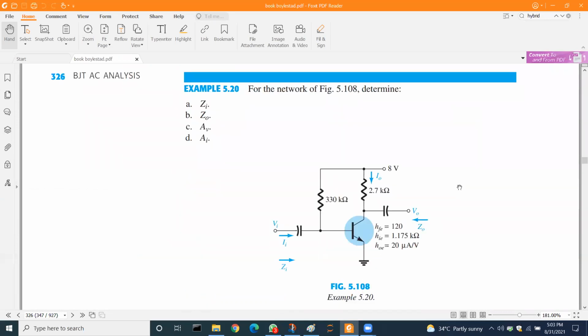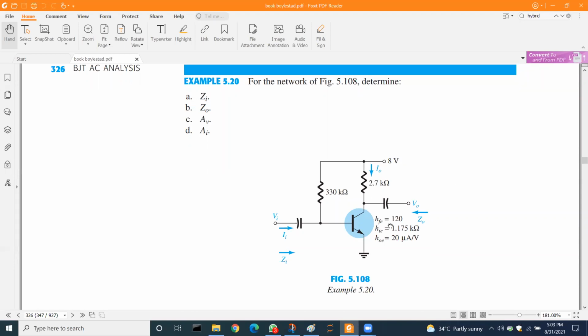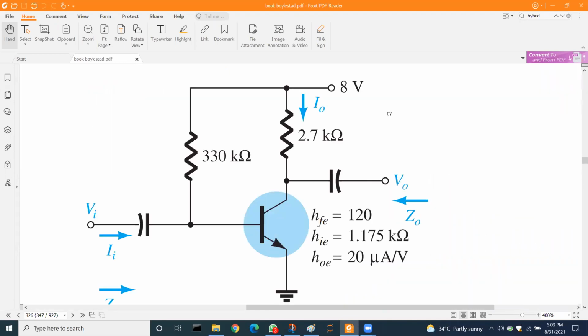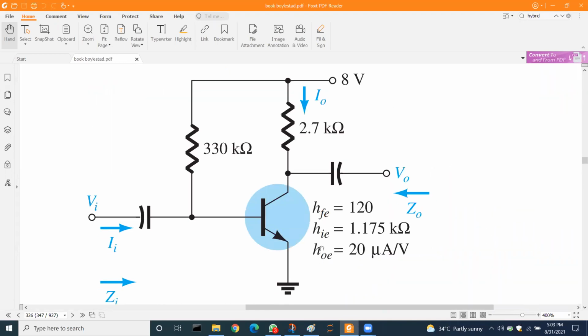So this is the last question that we will do today. After this, I can give you some examples for homework, but we will try to do those examples tomorrow, because this is an important part called the hybrid parameters, and understanding it is very important. In this kind of question you will be given the formulas and also the different values from the data sheet.